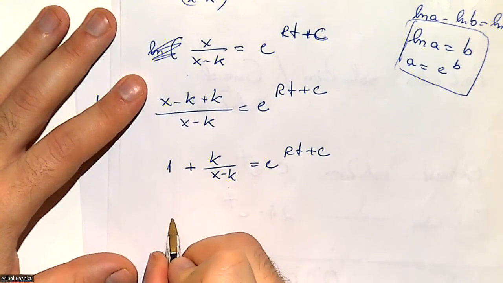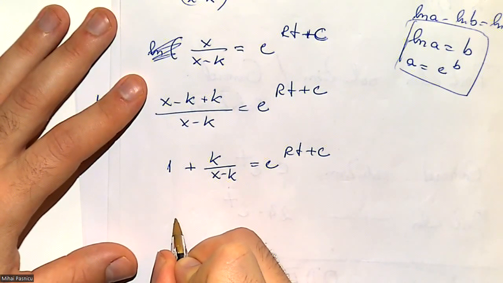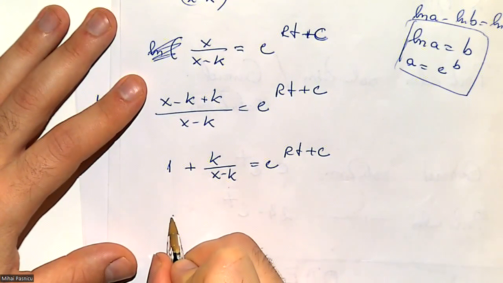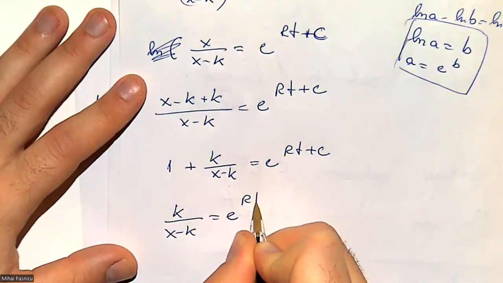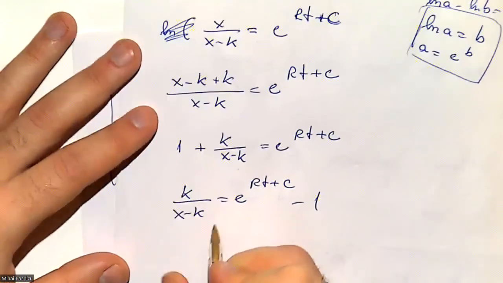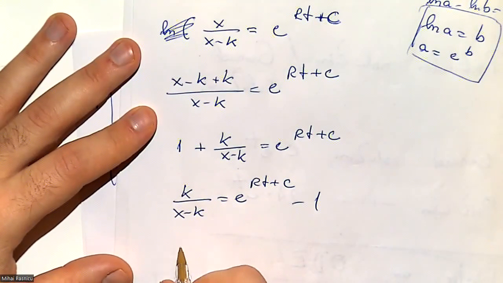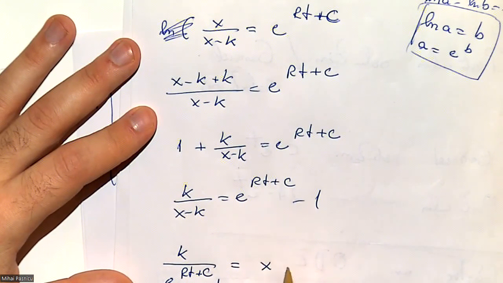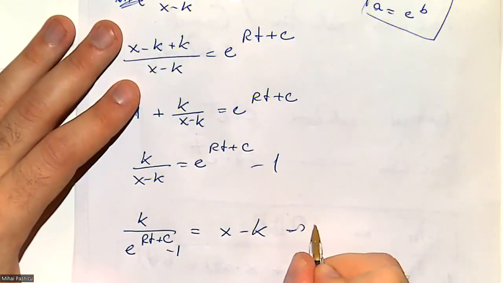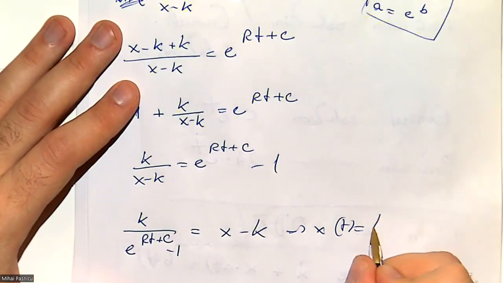You get the solution from here. Let's write it step by step. e to the power of RT plus constant minus 1. So k over (e to the power of RT plus constant minus 1) is equal to x minus k. So finally, after all this work, I get the solution.